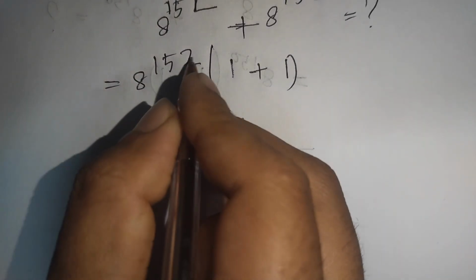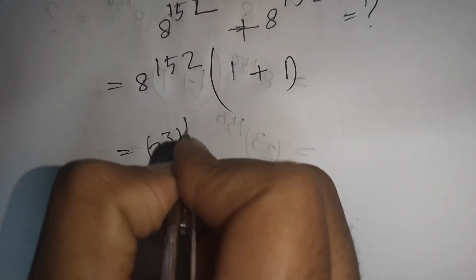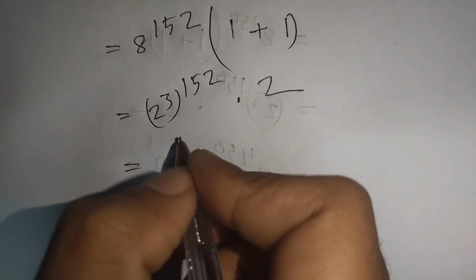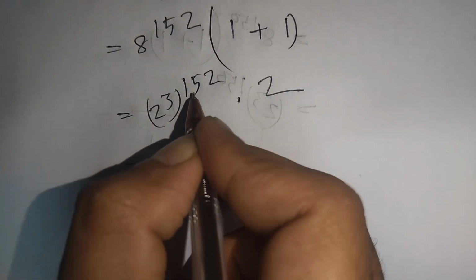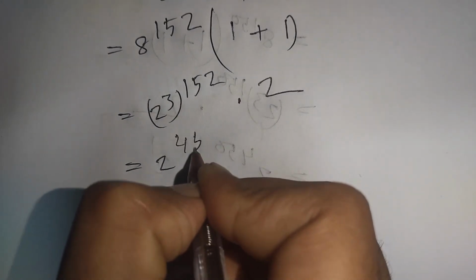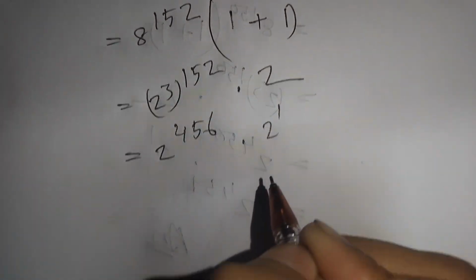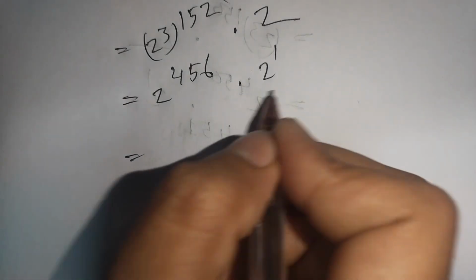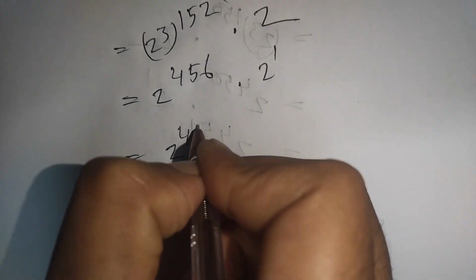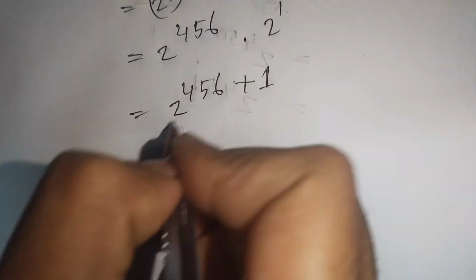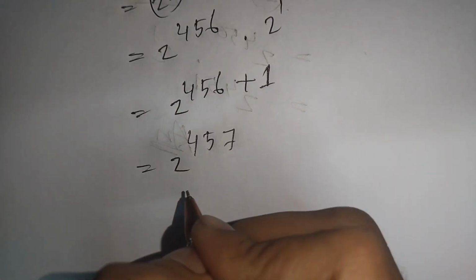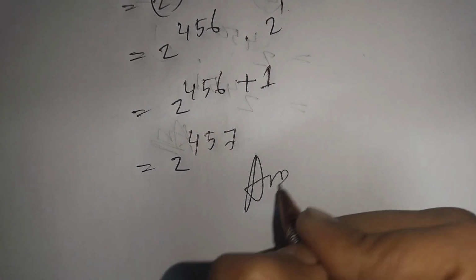Now a to the power 152 is same as 2 to the power 3 bracket for 152 times 1 plus 1, that means 2 is equal to 2 to the power 3 times 152, that means 456 times 2 is same as 2 to the power 1. Now we see that 2 same base but different power. So we can write it 2 to the power 456 plus 1. That means 2 to the power 457. So 2 to the power 457 is the correct answer.